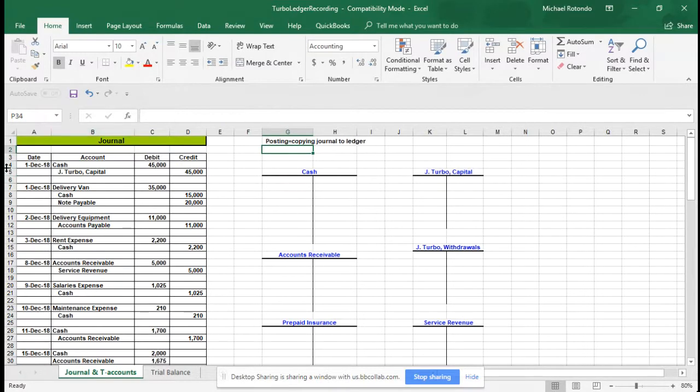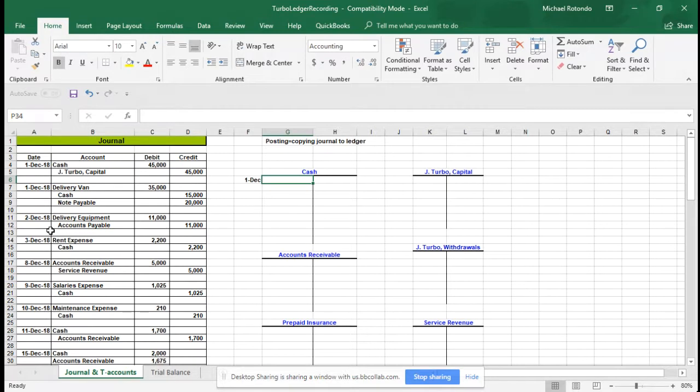So our first transaction from December 1st, we have debit cash of $45,000. So what we do is we carry over the date. Now your book will show you to put the date in here, but if you do that on Excel, you're not going to be able to use the auto sum. So we're going to put the date out here on the left, and the date helps us cross-reference to the journal.